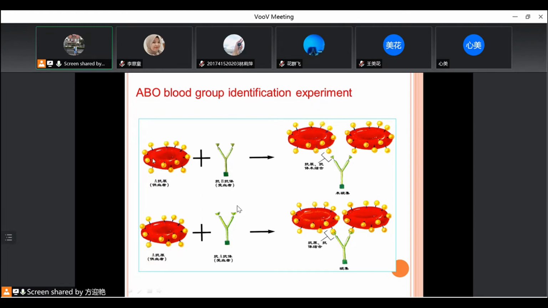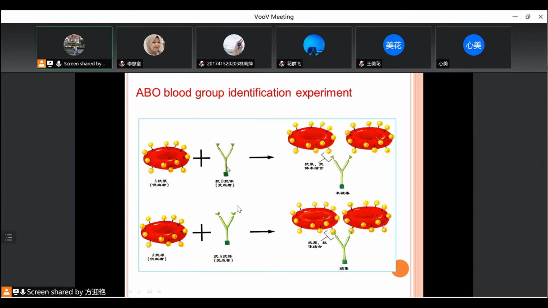On the red blood cell membrane there are some antigens, here mainly the A antigen. This person's red blood cell has the A antigen, and in the plasma there is also an antibody, here the anti-B antibody.